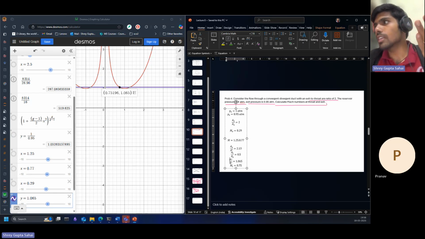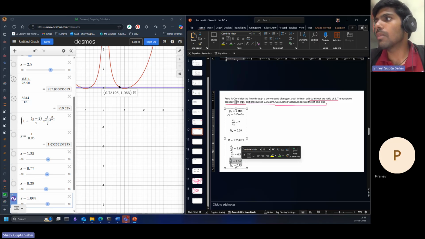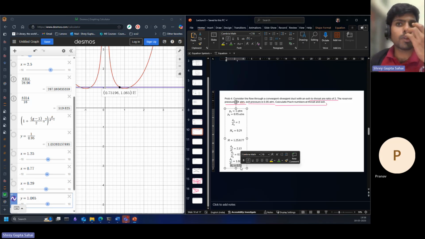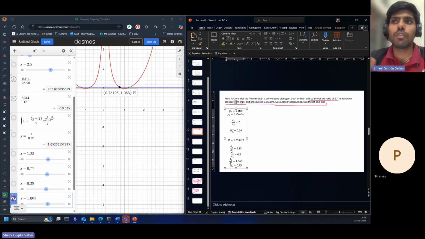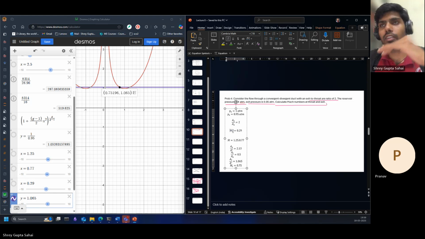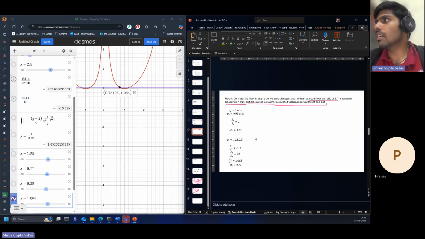Using this area value, we find the Mach number, and it comes out to be 0.75, which has to be higher than the exit Mach number, because although the flow is subsonic, near the throat the flow will have to accelerate. So that's how you calculate it. The way I've solved it may be a little confusing, but you get the gist, right?